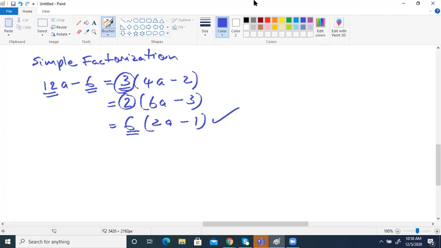But we still have not really explained the process the real and proper way. So when you look at 12 and 6, and you are to list the factors of 12 and 6, we know 1, 2, 3, 4, 6, 12, and 1, 2, 3, 6.